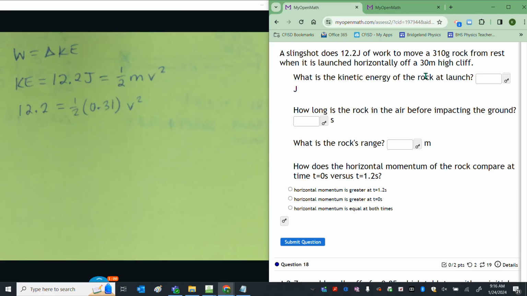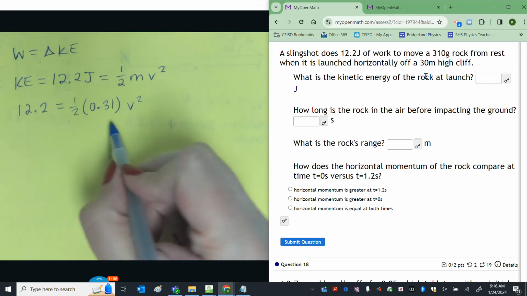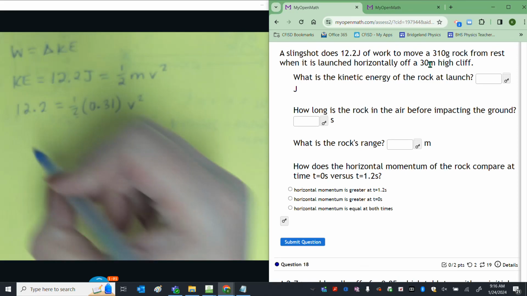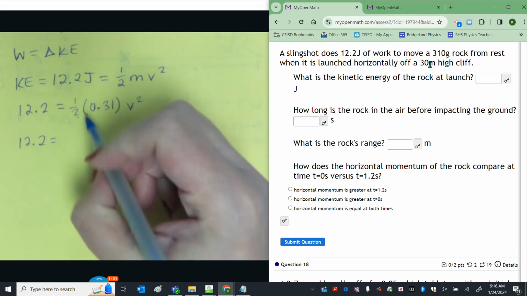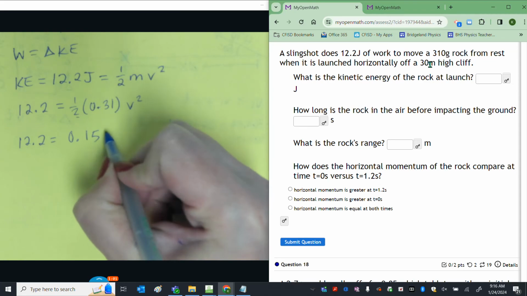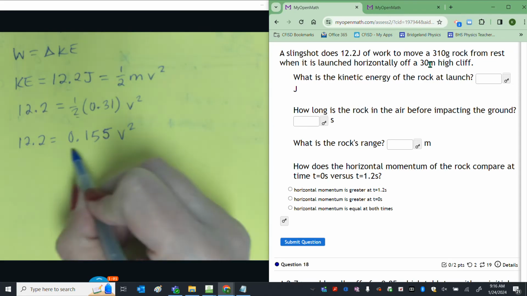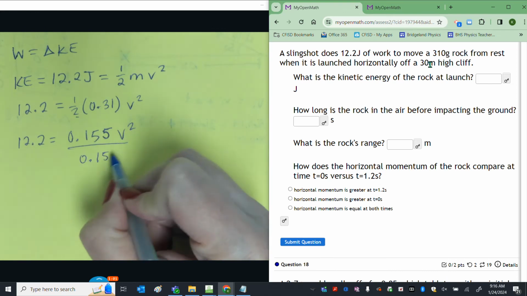We got to get half of that number, so let's just divide that by 2, and we have 12.2 equals 0.155 v squared. We're going to divide both sides by 0.155.